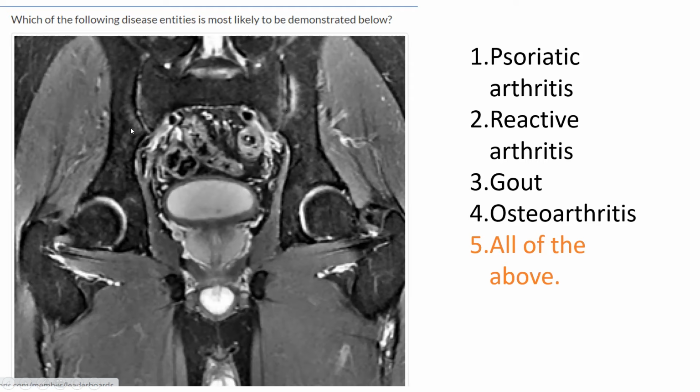Most commonly, it is seen with osteoarthritis. However, the patient's clinical history and symptoms are very important for diagnosis. Okay. Gout and psoriatic arthritis can also cause asymmetric sacroiliac joint involvement, usually bilateral.